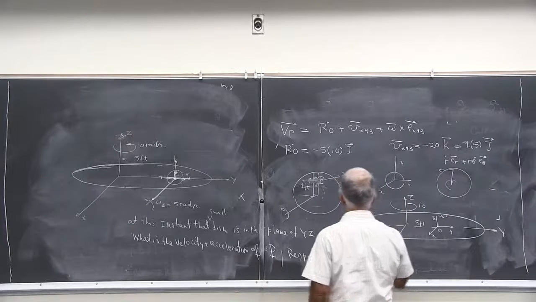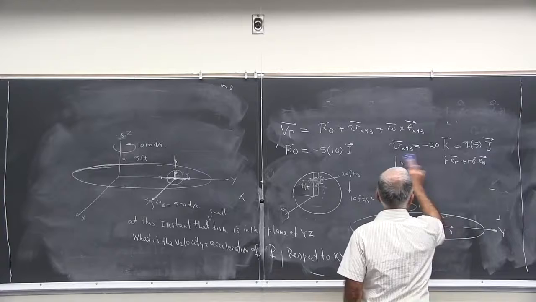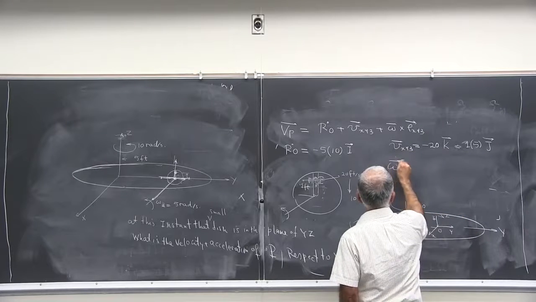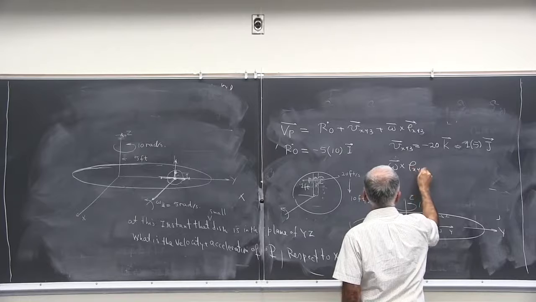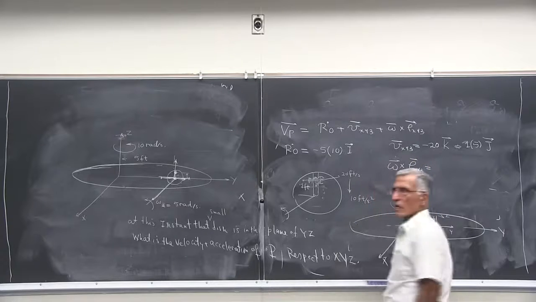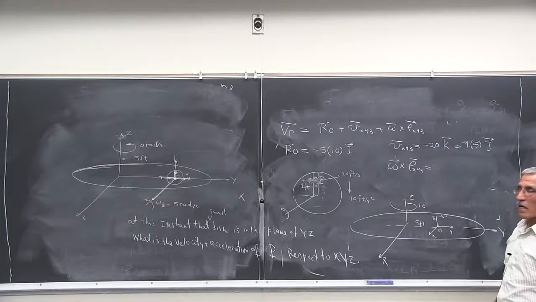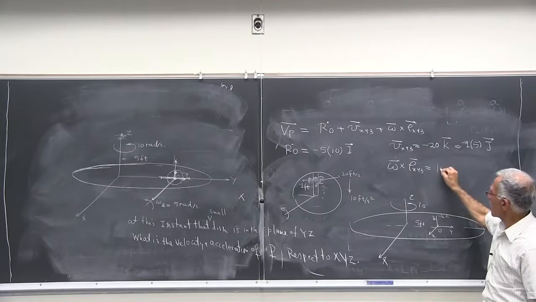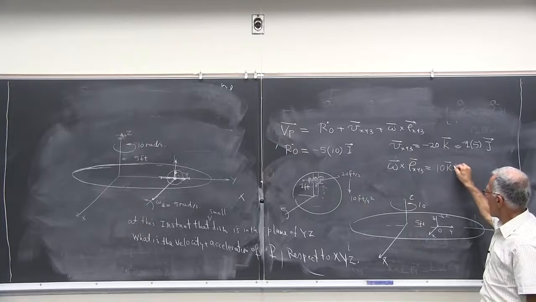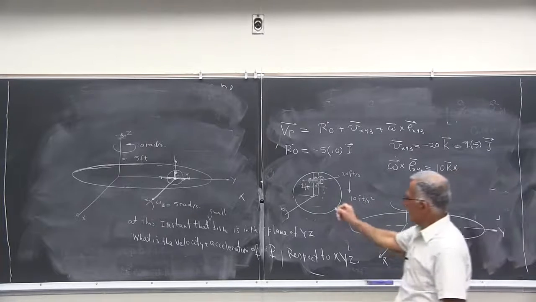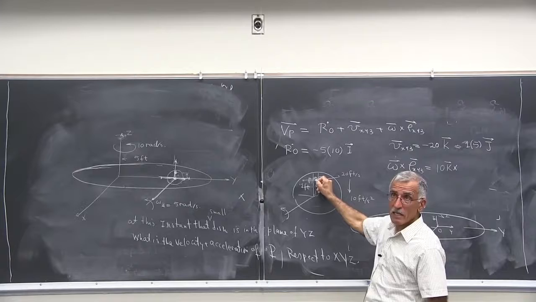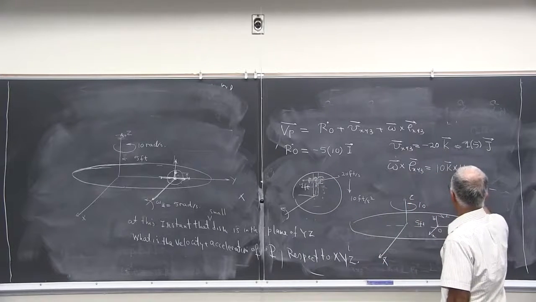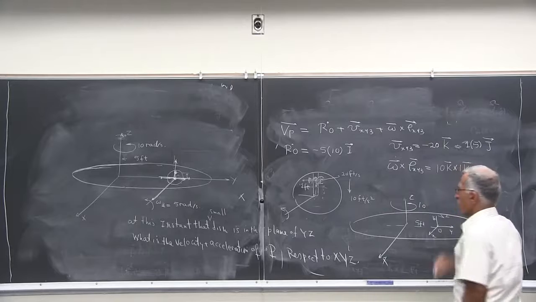So that would be omega times rho xyz. And omega, at this instance, is 10K. And rho xyz also happens to be 1K. That's the same direction at this instance, 1K. And that's 0.